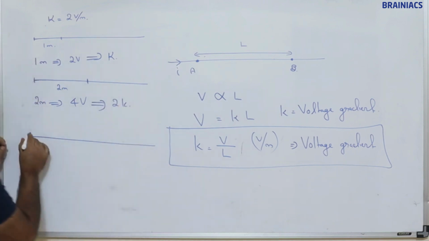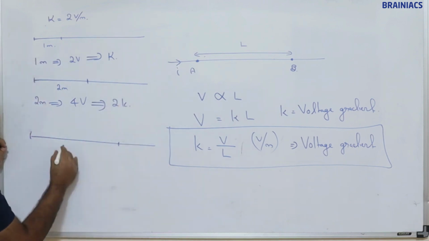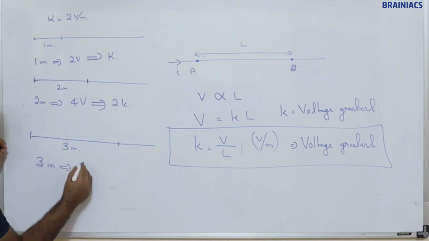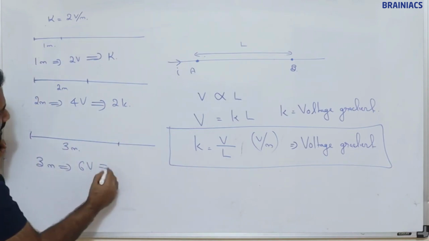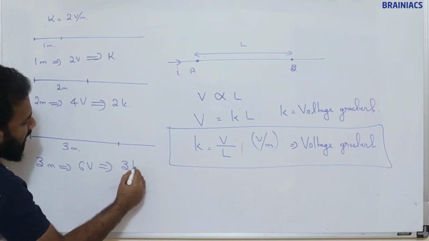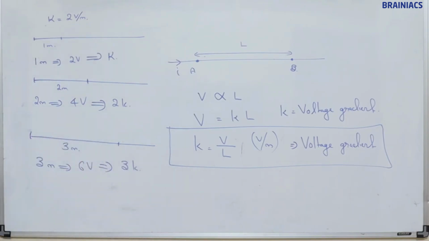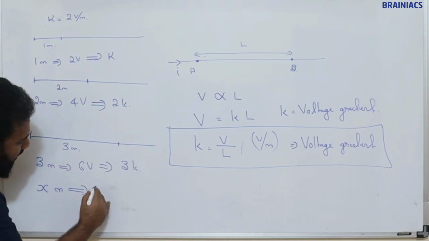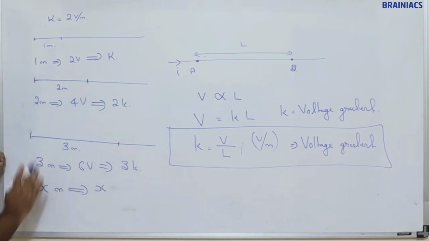If we consider 3 meter, say for example a 6 volt drop, it is nothing but 3K drop. So in the same way, if we consider X meter, then it is nothing but Kx, or Xk, voltage drop will be there.